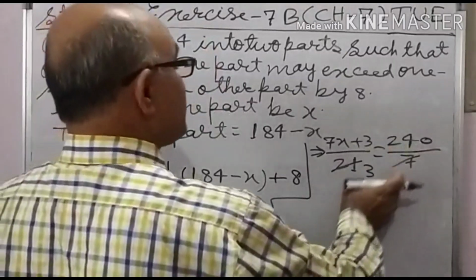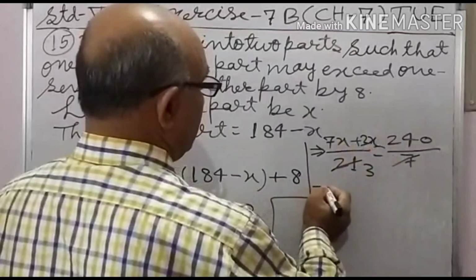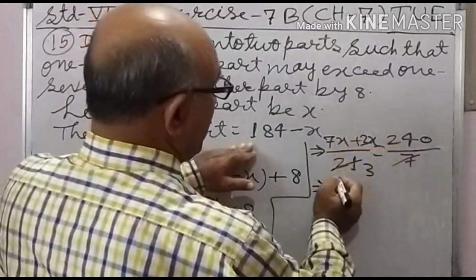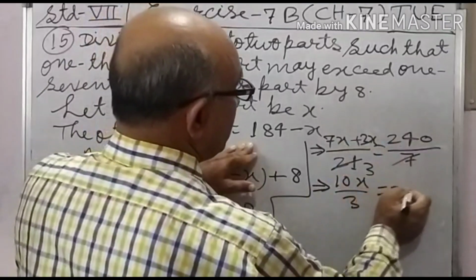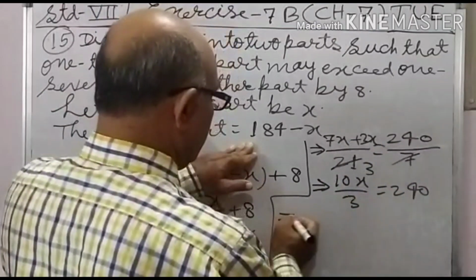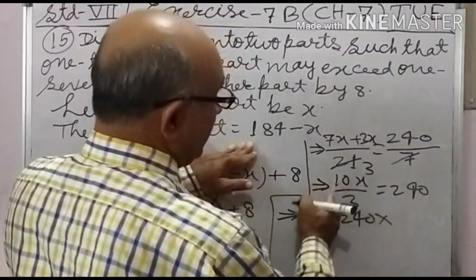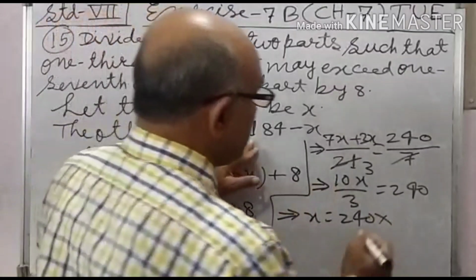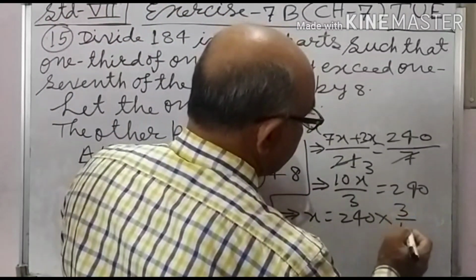Here 7x plus 3x, that implies 10x by 21 equal to 240 by 7. That implies x equal to 240 by 10, by 3 by transposition change into 3 by 10.